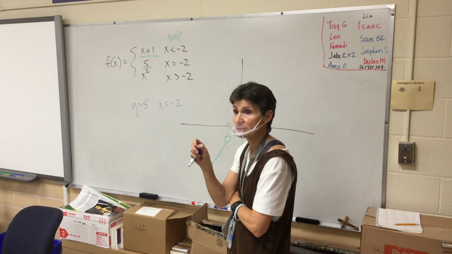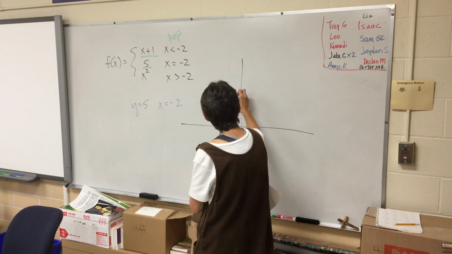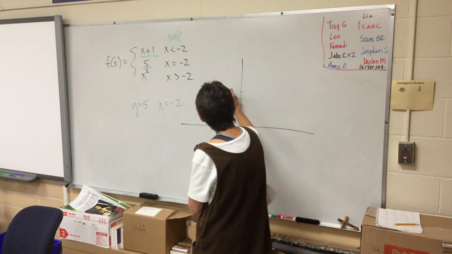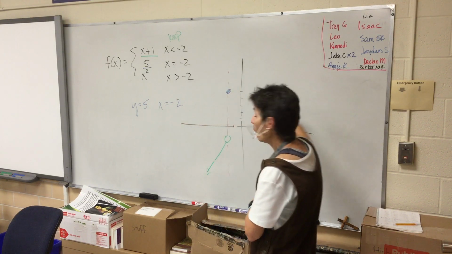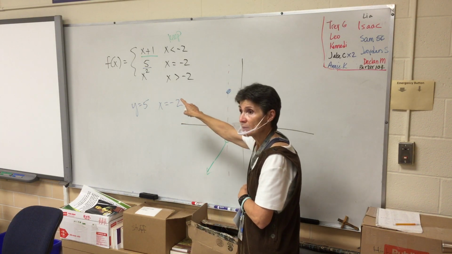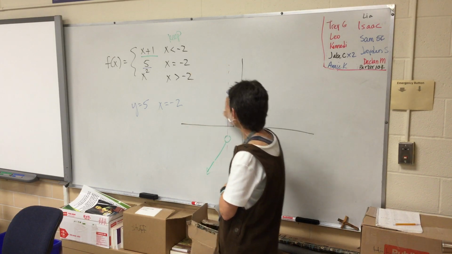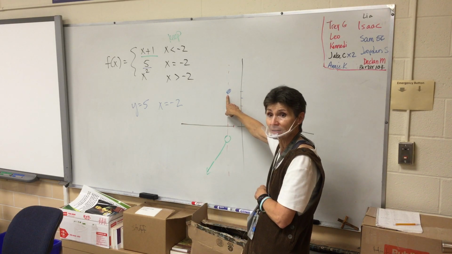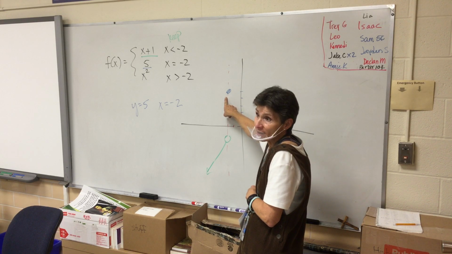That's nothing but a point. That's the point where x is -2 and y is 5. y equals 5 is the whole horizontal line, but you only want the place on the line where x is -2, which would just be that point. Right? That's it. One place. One x, one y.